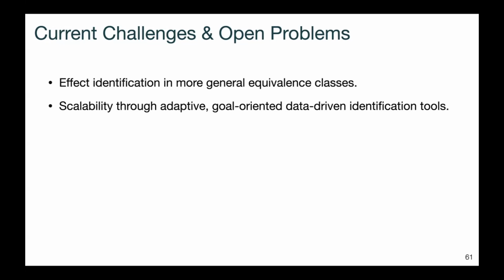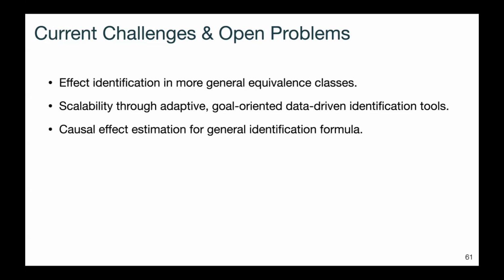Next, causal effect estimation for general identification formulas. A lot of people, I would say 99% of them, are working on the estimation of the backdoor formula, the backdoor adjustment, assuming ignorability, assuming that you run the backdoor criterion and got the set of covariates. But how can you do this for any of those variables? This can be very complicated.